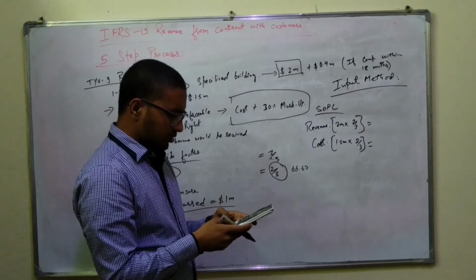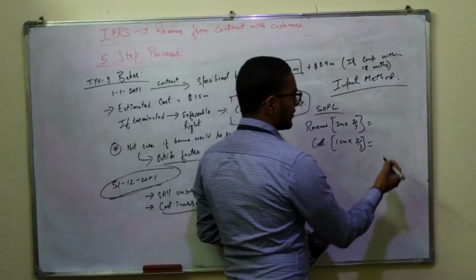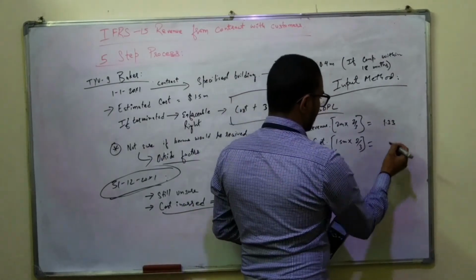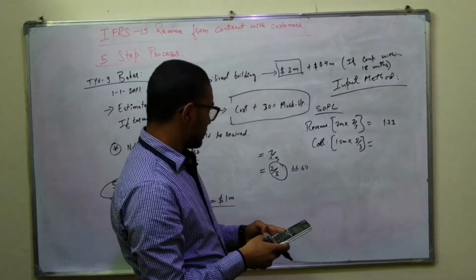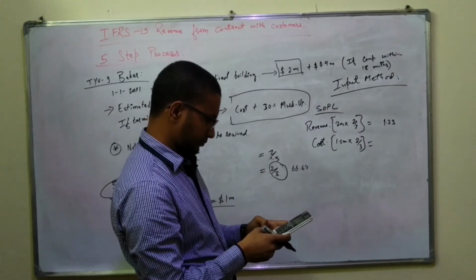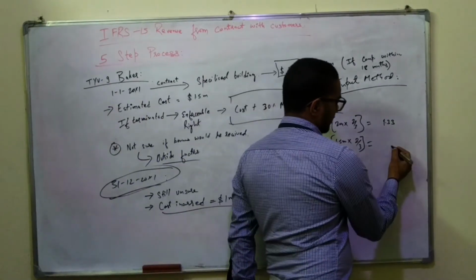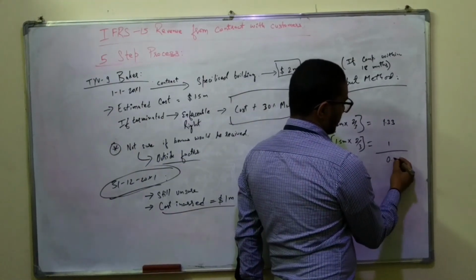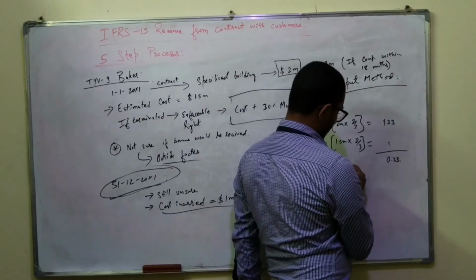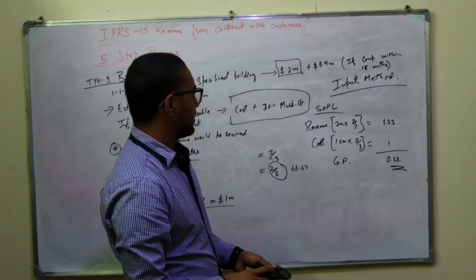So 2 into 2 divided by 3 would give us 1.33. And then the cost, 2 by 3rd of 1.5, would be 1. So 0.33 is our gross profit.